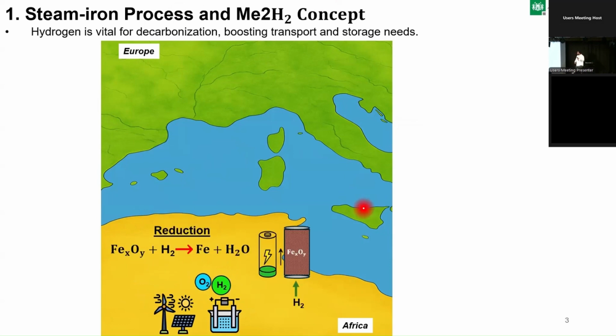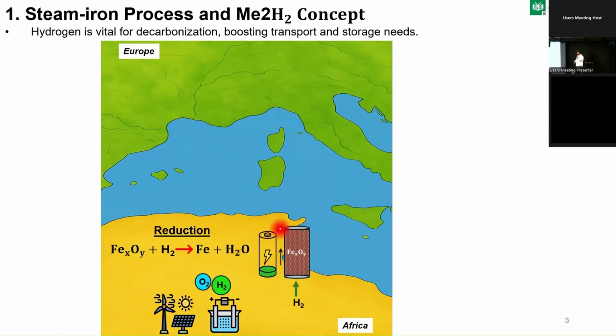And the aim is, if we have a reactor which is filled with iron-based material, then we will try to store the hydrogen thermochemically in these batteries, if we can take the reactors as a chemical battery.